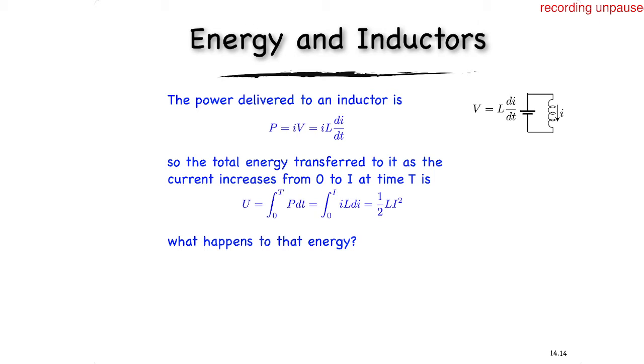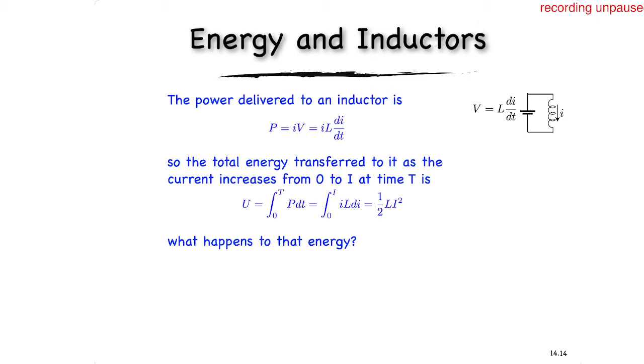And we're counting how much energy we put into the inductor from our starting time 0 until time t, when the current is capital I. Okay, so I can write the power as I L di divided by dt, and then when I multiply that by dt, the dt in the denominator goes away.